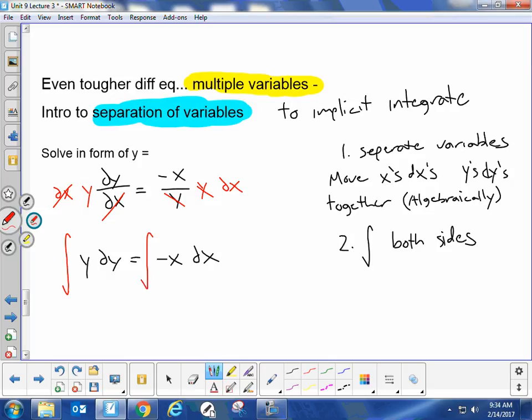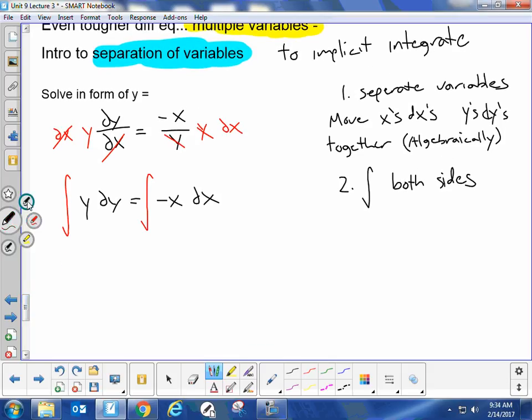I have the antiderivative of negative x with respect to x, and I can do that. Okay, now what do I get? Let's see. I'll have 1/2 y squared plus a c, right? Because I'm taking the antiderivative, I need a c. On the right side, I'll have negative 1/2 x squared plus a c.